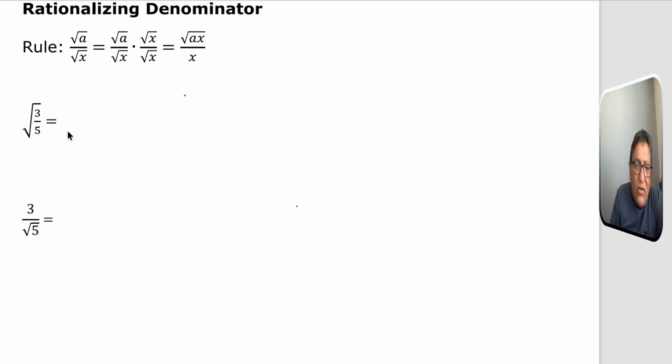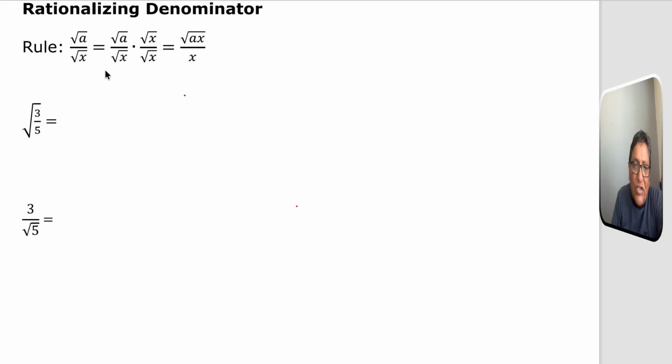Okay, another skill that you need to develop or you need to review is the rationalizing of the denominator. So the rule says if you have square root of a divided by square root of x, we multiply both numerator and denominator by the denominator, then we will have the answer.